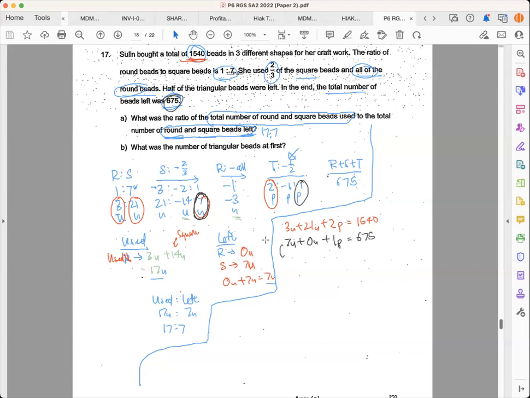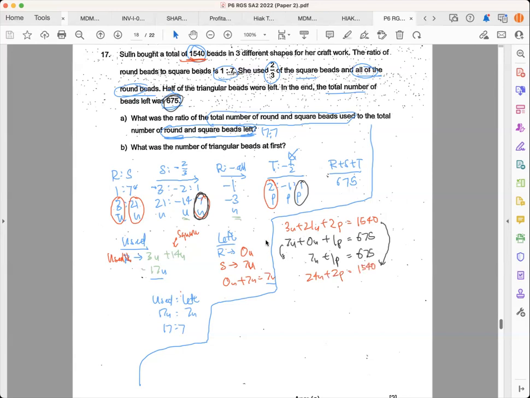So the 7 units plus 1 part is equal to 675. And this one will become 21 plus 3 is 24 units, plus 2 parts, equals 1540.